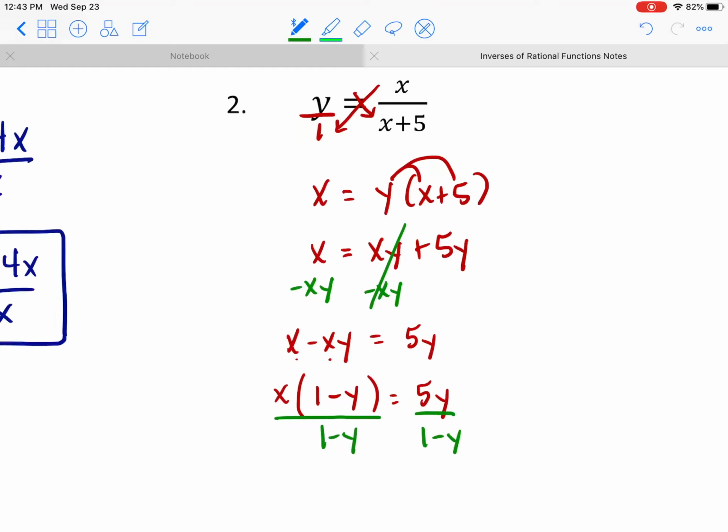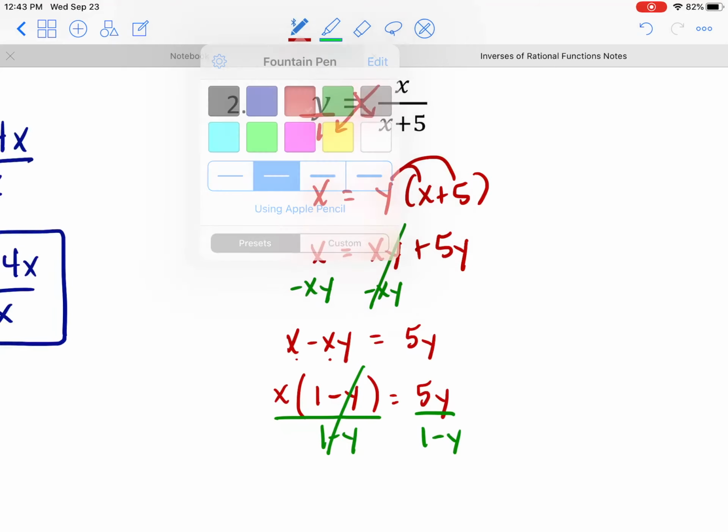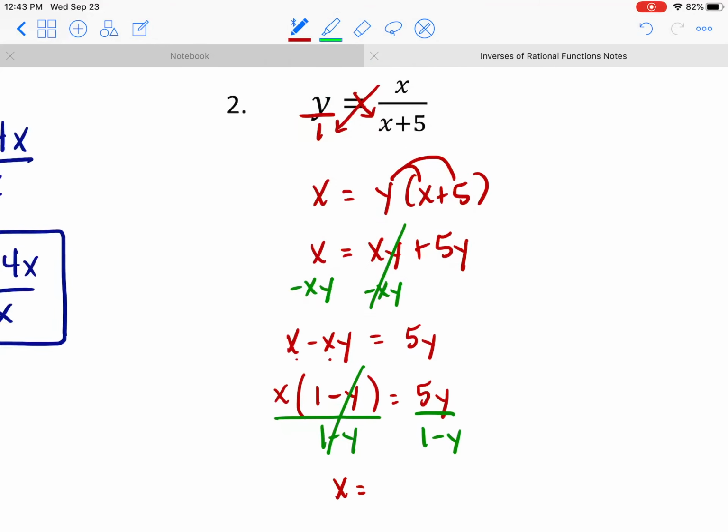So I'm going to divide both sides by 1 minus y. That cancels that out, and then I'm done. My x is all by itself equal to 5y over 1 minus y. So remember, this is the form that shows me my vertical asymptote, x can't be negative 5. This is the form that shows me my horizontal asymptote, y can't be positive 1. Alright, but that's a little side note.